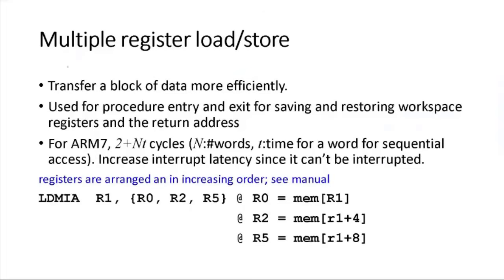And coming to multiple register load and store instructions. Okay. So what are these multiple register load and store instructions? You have a register here. Okay, so all these are registers only. If you see the ARM architecture, there are registers from R0 to R15.